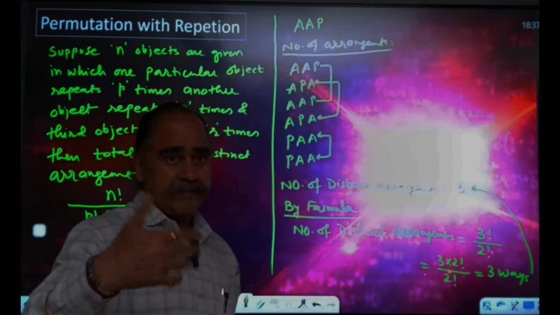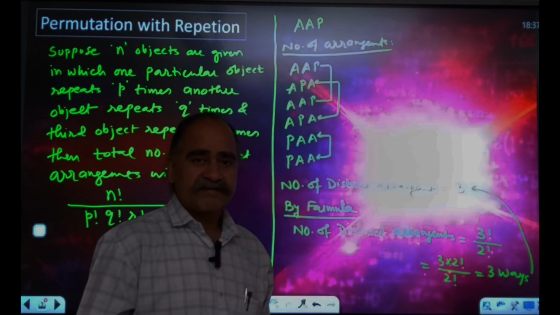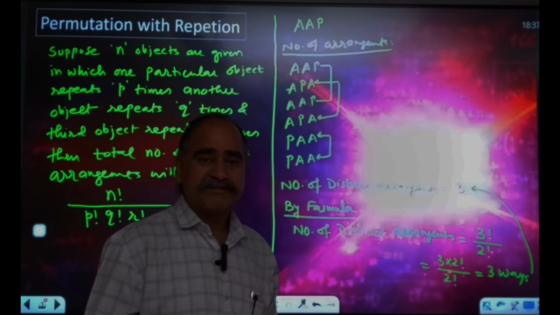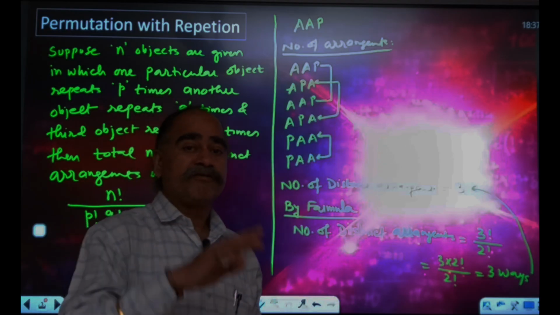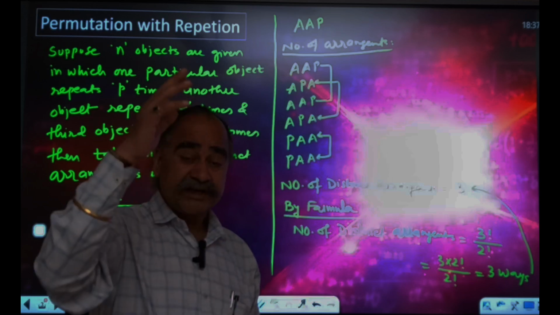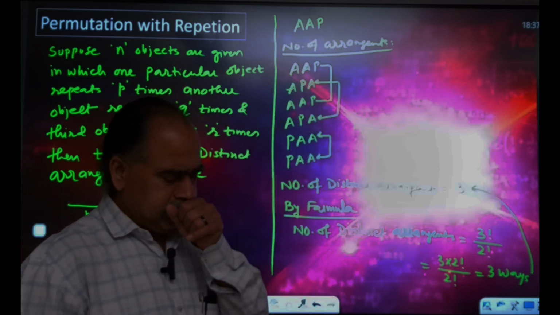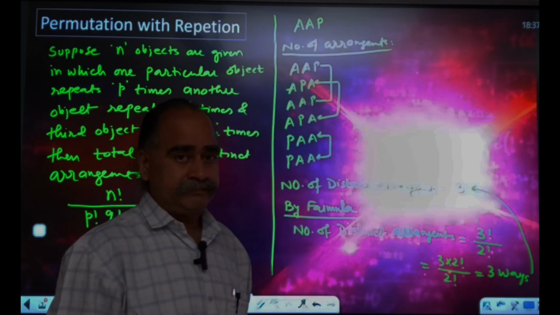So like this, Papa is there, 4 letters in which P repeats 2 times, A repeats 2 times. So number of distinct elements will be what? 4 factorial divided by 2 factorial into 2 factorial. That is 24 divided by 4 will give 6 distinct arrangements.